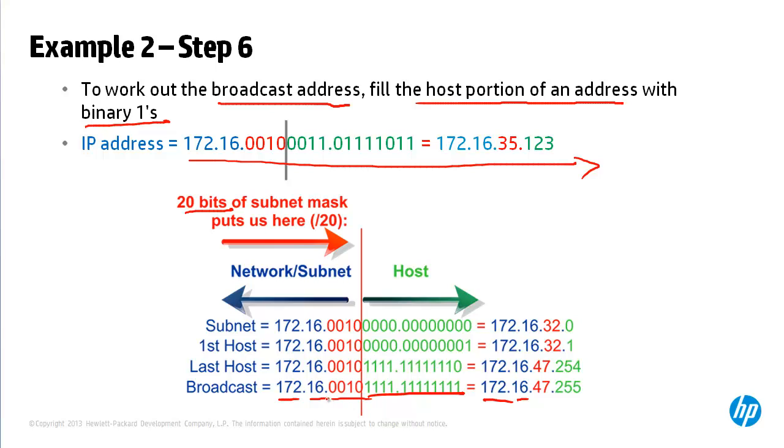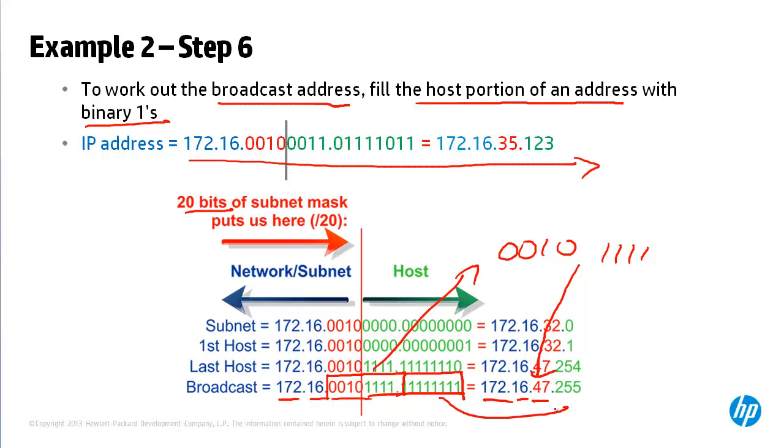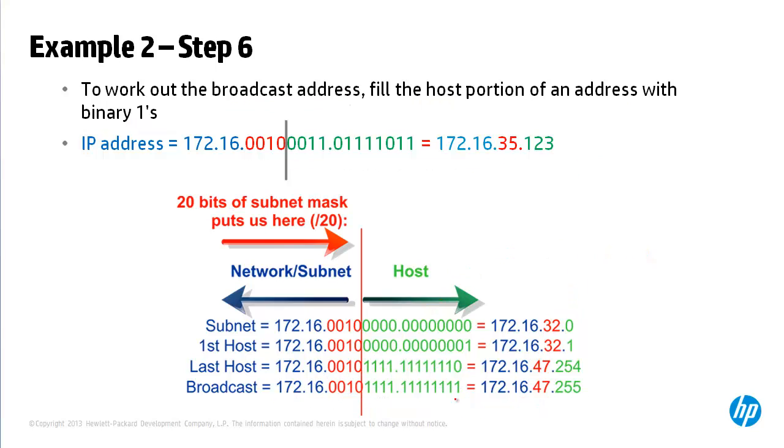The third octet equals 0010 followed by 4 binary ones, which equals 47. The last octet is populated fully with binary ones. That equals 255. So the broadcast address for this host with a /20 mask is 172.16.47.255. Notice the host portion is populated with binary ones.